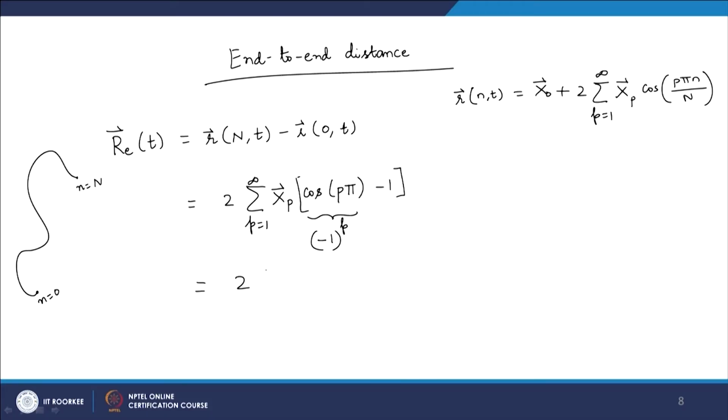So, this is going to be a sum over all the odd values of p of x p, and actually it has to be multiplied by minus 2, which is minus 4 multiplied by the sum over odd values of x p. Okay. That gives me the end to end distance vector.